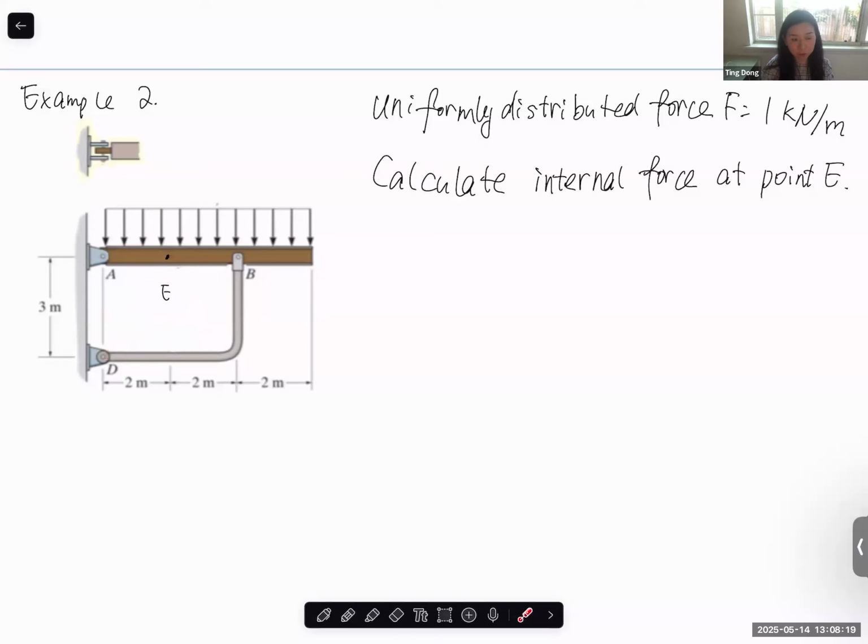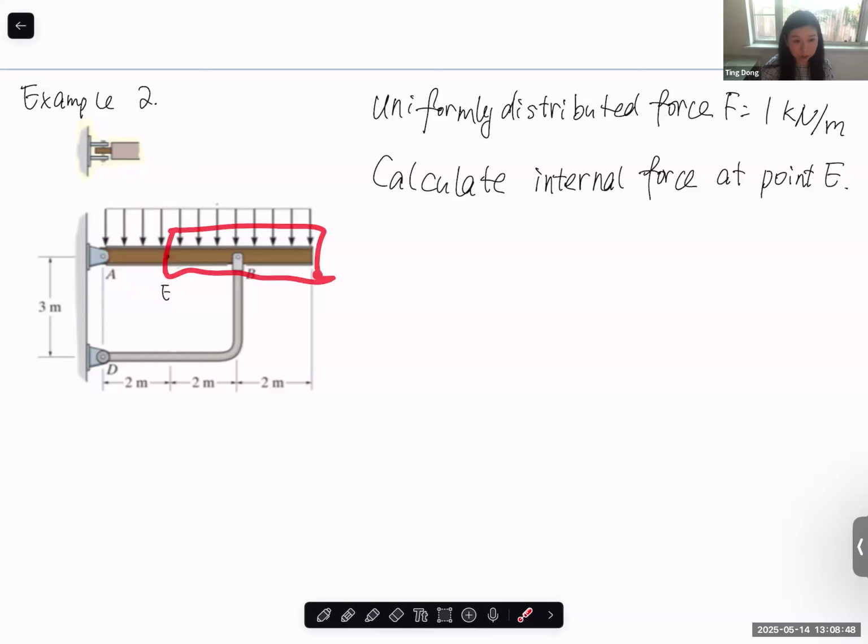So if we do the free body diagram and equilibrium equation for this entire structure, separate from the wall, we have three unknowns and three equations. We can solve for all the reaction forces. And after solving the reaction force, when cutting at point E, again, we can take either the left side or the right side.